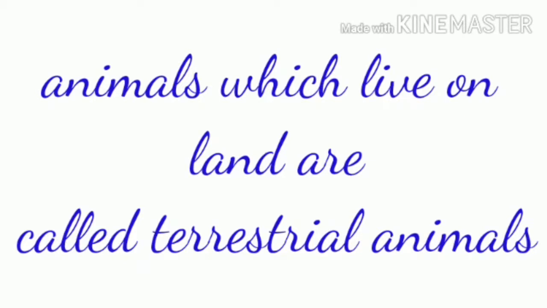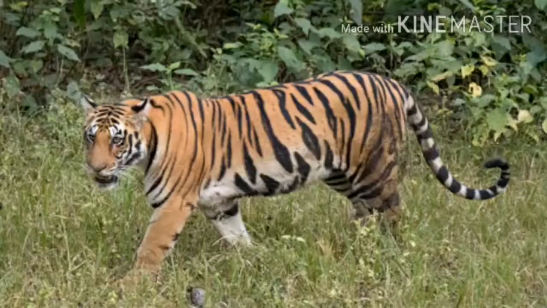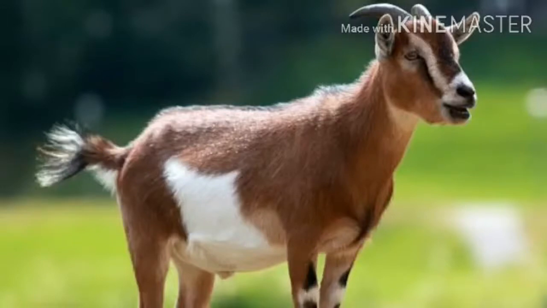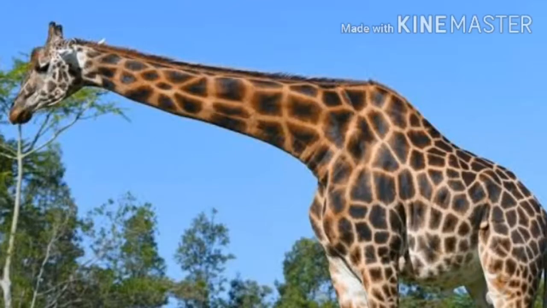Once again, animals which live on land are called terrestrial animals. Examples: lion, tiger, cow, goat, horse, giraffe, etc.